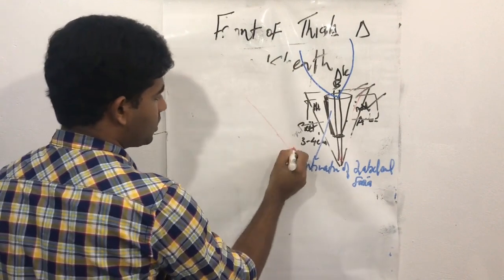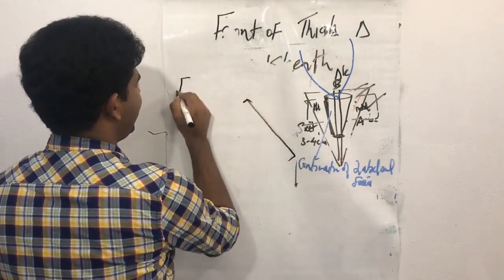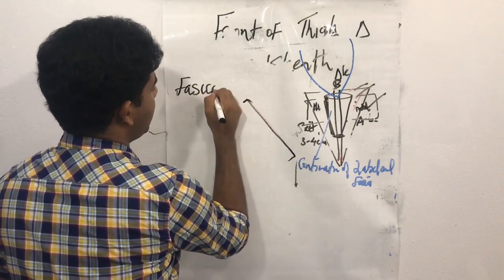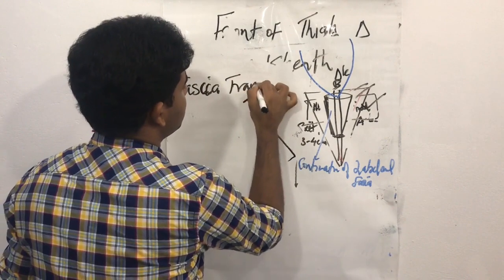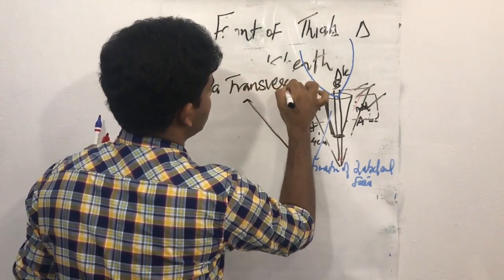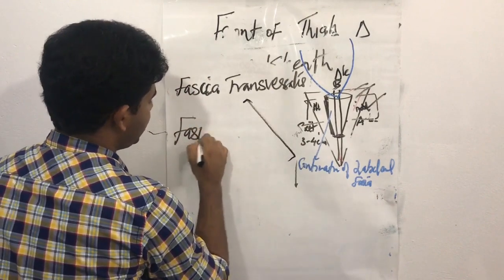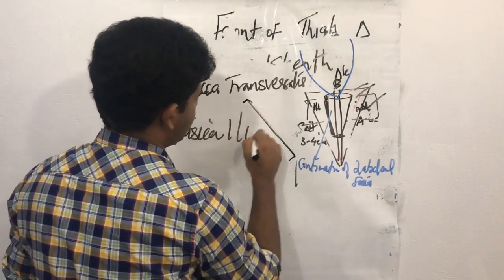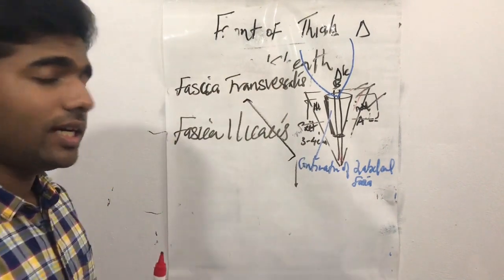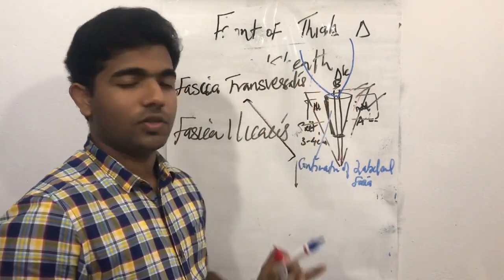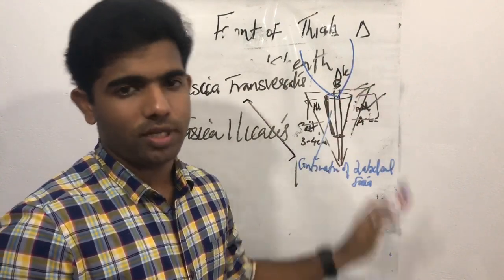Which are those abdominal fascias? The first one is fascia transversalis. The second one is fascia iliacus. Remember, the femoral sheath is a continuation of 2 abdominal fascias.